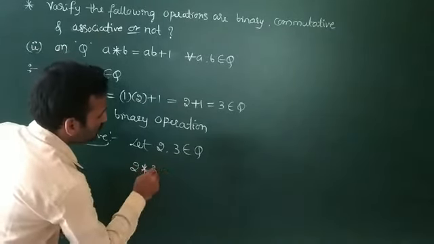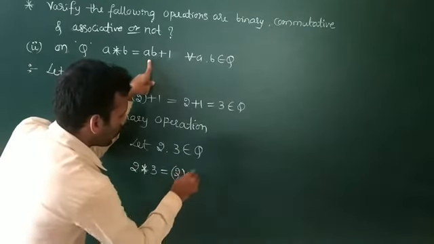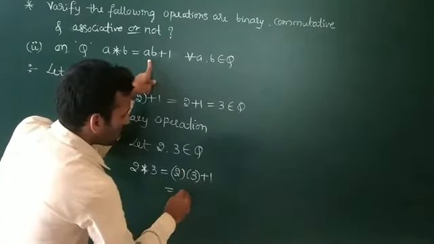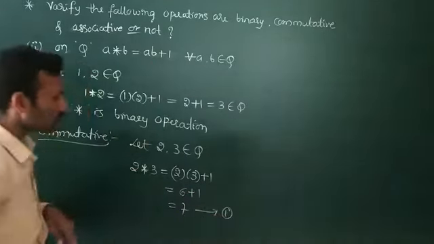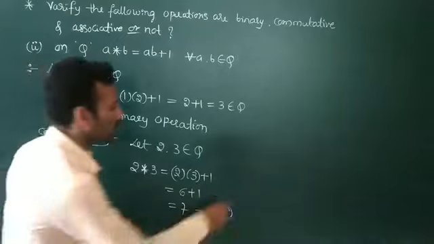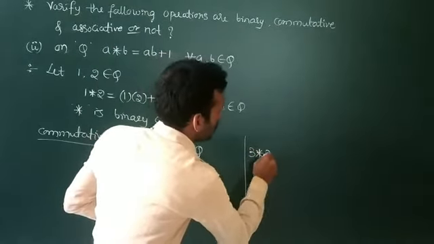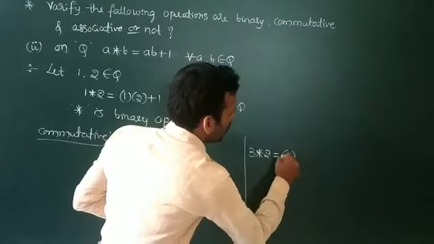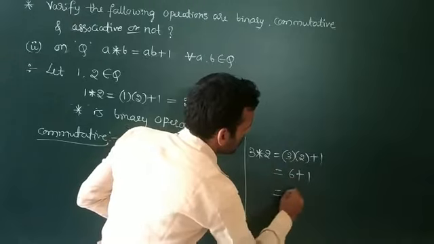So 2 star 3, according to the definition AB plus 1, is 2 into 3 plus 1. 2 into 3 is 6, 6 plus 1 is 7. Equation number 1. In a similar manner, 3 star 2 is 3 into 2 plus 1, that is 6 plus 1, 7.